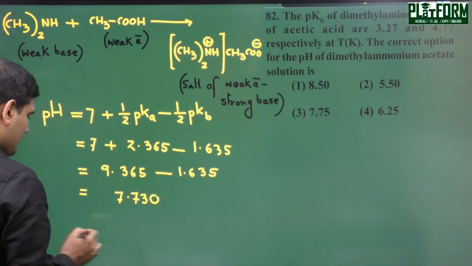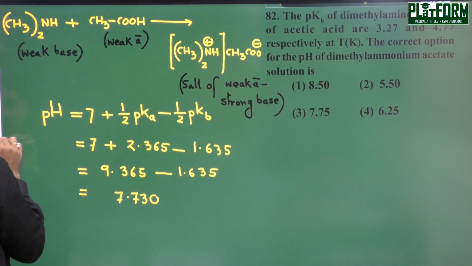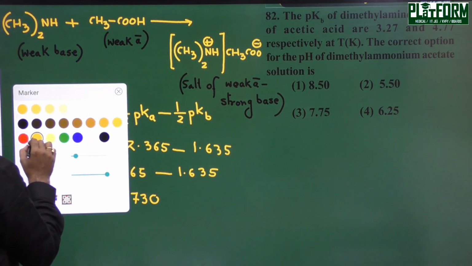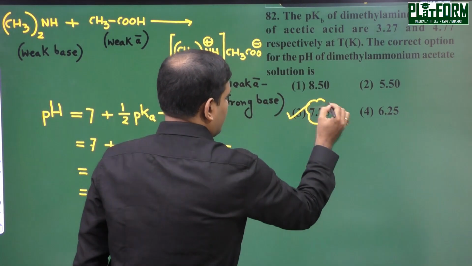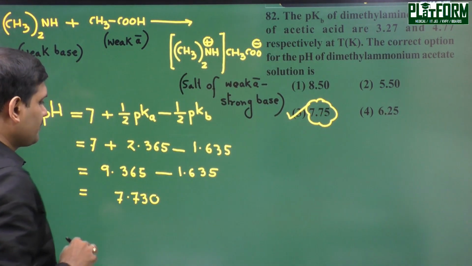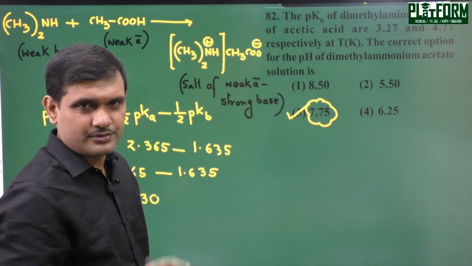I think it is the close option. Definitely the correct option I would write. No doubt it is option 3, 7.75. If you approximate it, the value will be 7.75. No doubt it is the correct option.